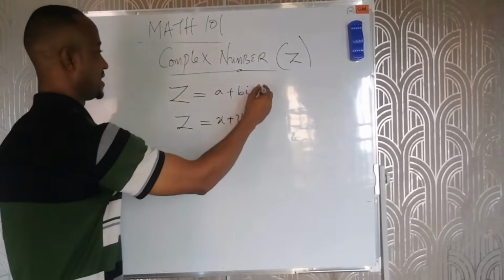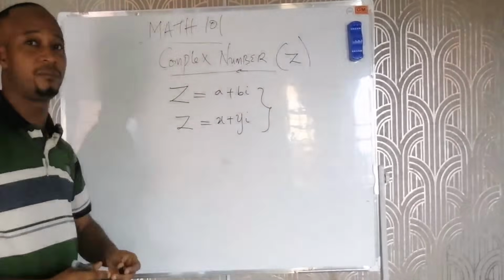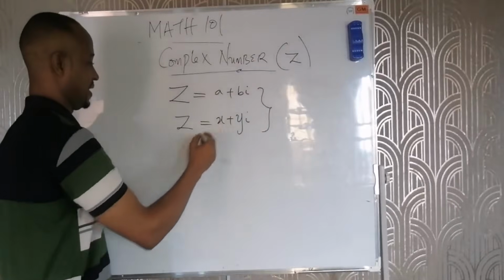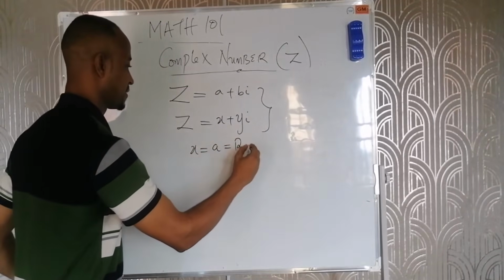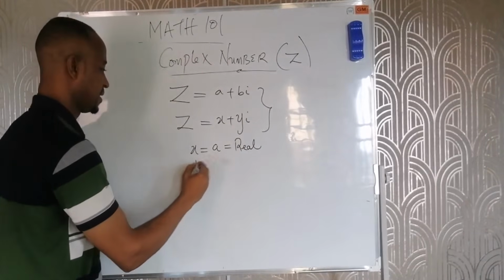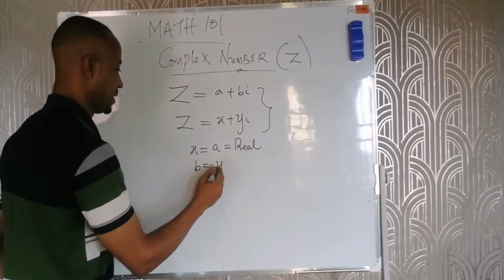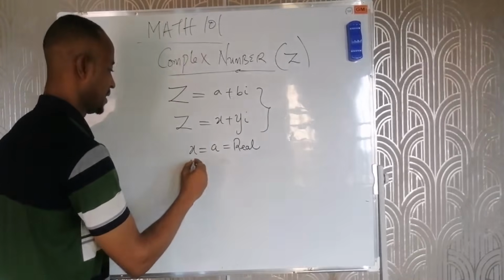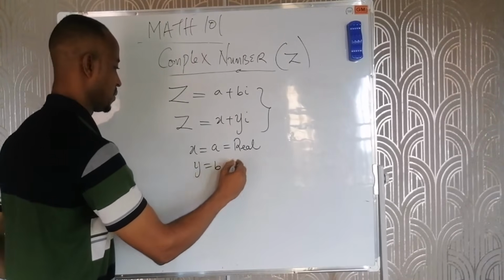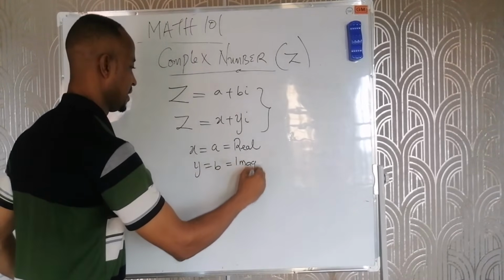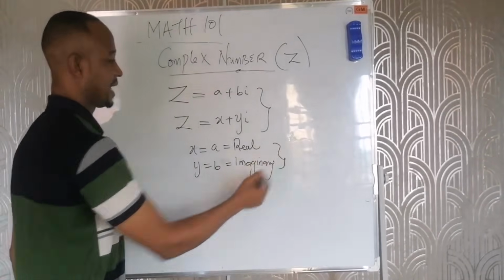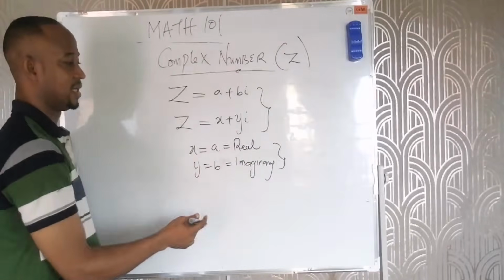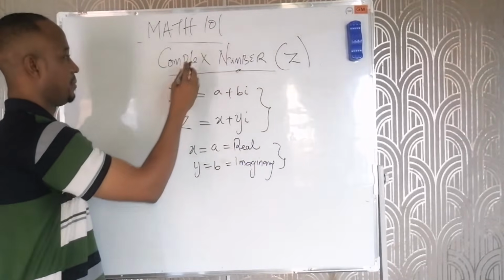The value of x equals a, the real part, while the value of b equals y, the imaginary part. The combination of the real part and the imaginary part gives us what we call a complex number.